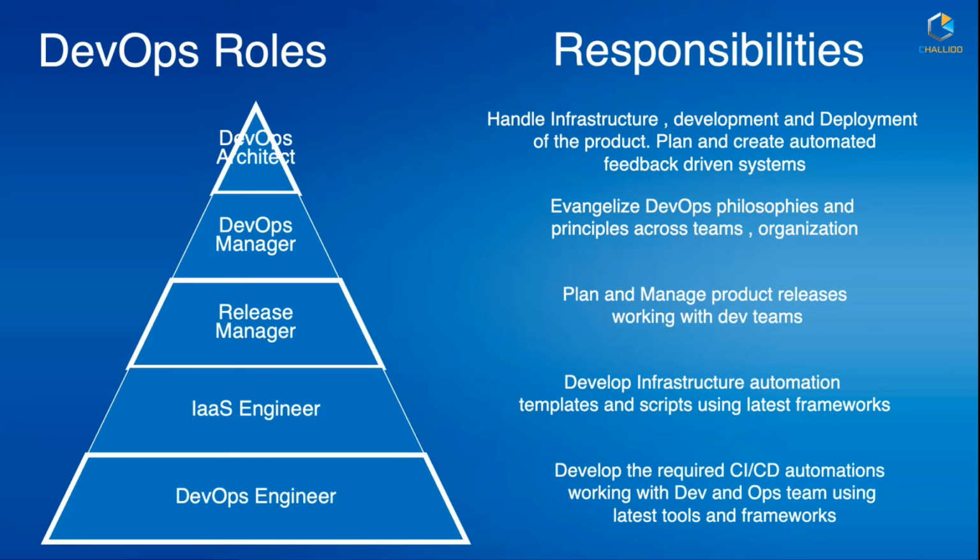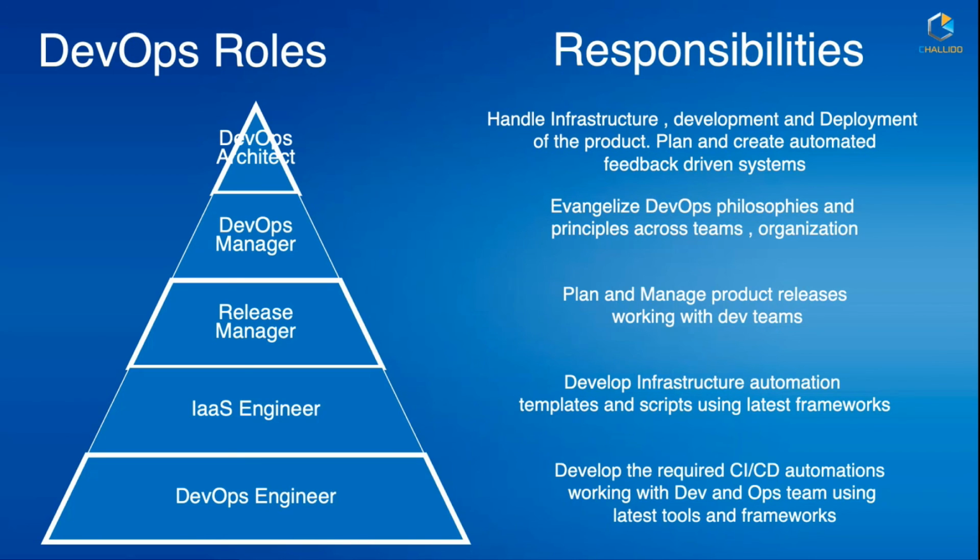For example, the architecture is entirely different for a web application as compared to a desktop application or a mobile application. Each of them have their own processes, their own tools, their own way of integration. So a DevOps architect will ensure to identify the right tools, identify the right way of communication with each of them, and build the processes using the tools, with maximum reusability and minimum issues and errors.